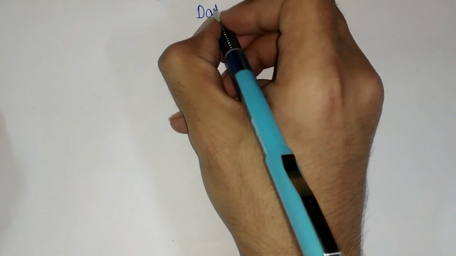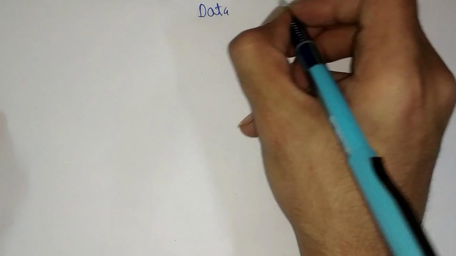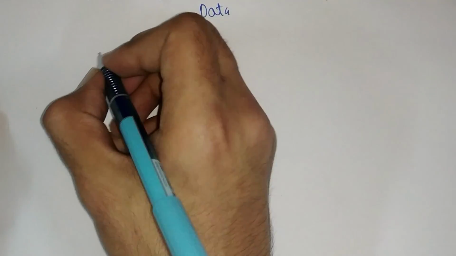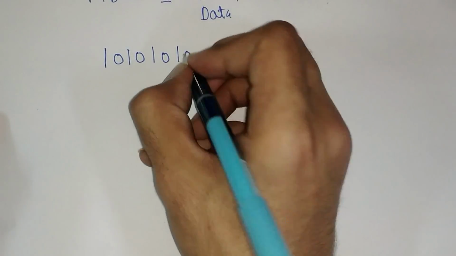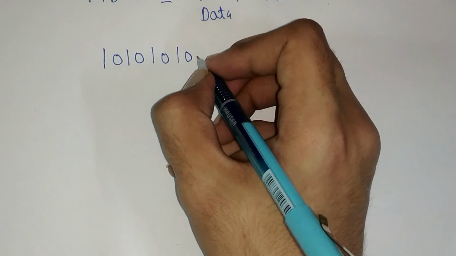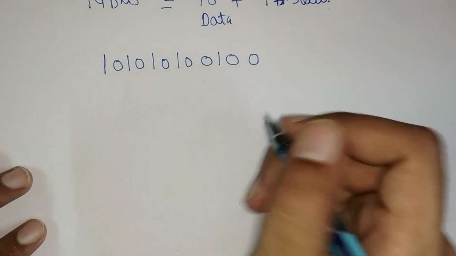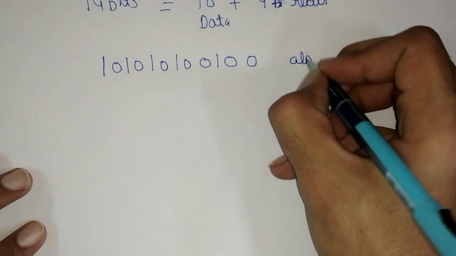There were 10 bits in data, and we added 4 redundant bits. So now the data becomes 1 0 1 0 1 0 1 0, and the 4 redundant bits we added are 0 1 0 0. Now this data will be transferred along with the polynomial function.